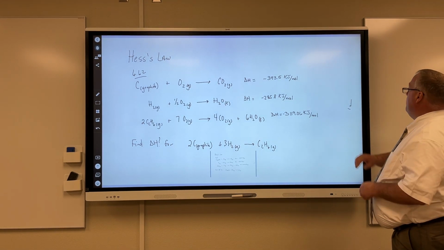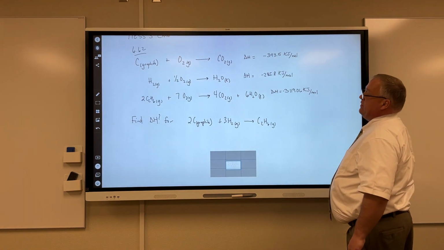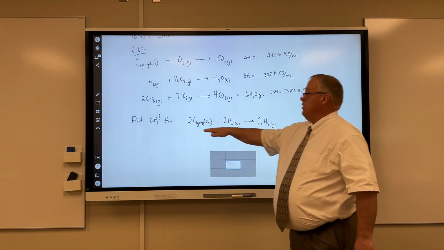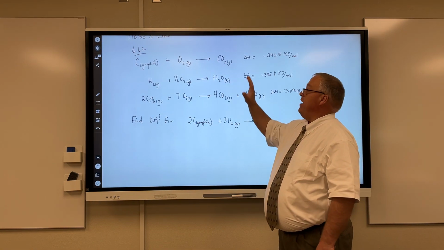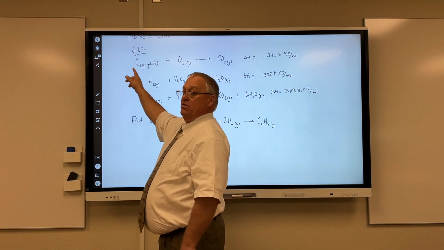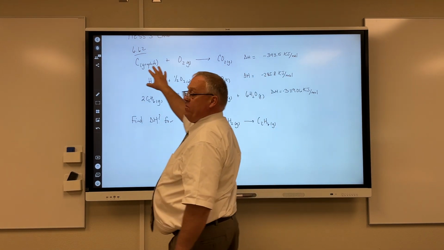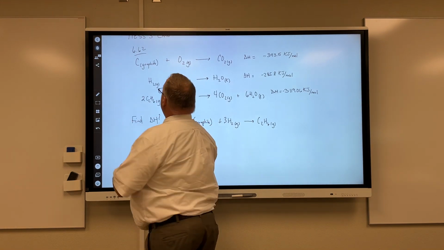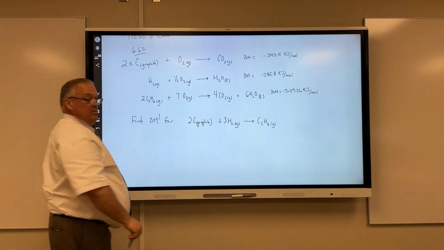So we want to arrange this. I'm going to slide this up just a little bit. And let's look at this. We want 2 graphite. Do we have a reaction that has graphite in it up here? The first one, but how many does it have? 1, but we wanna have 2. So we take the first reaction and we multiply everything in it by 2.